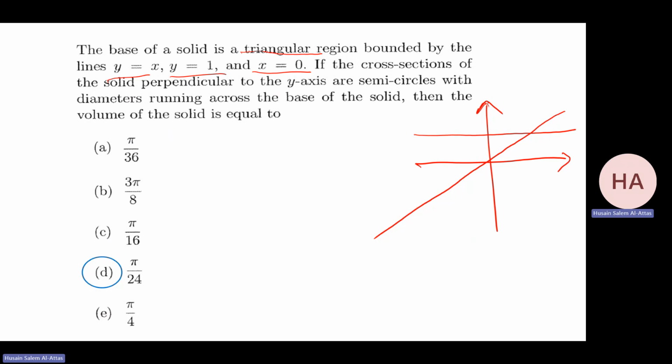If the cross sections are semicircles, with diameters in the triangle, I need to find the base. What will be the base? It will be 2r, which is this one, and that is equal to x. So r equals x over 2.